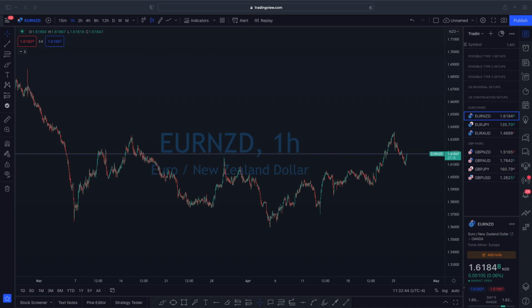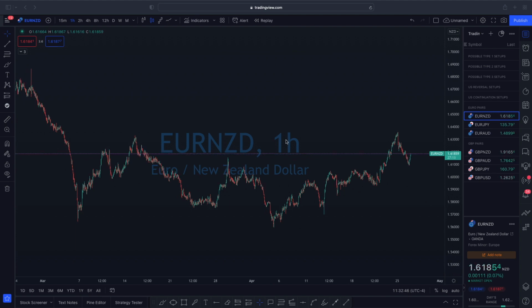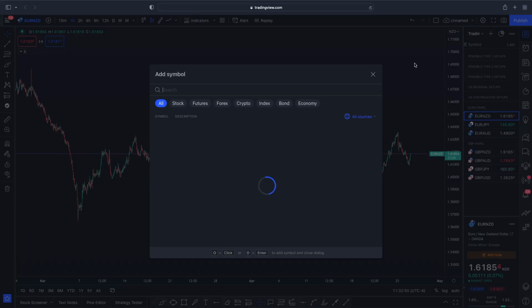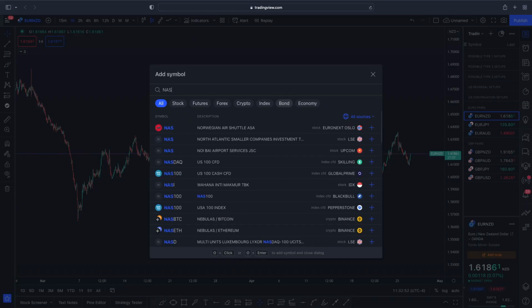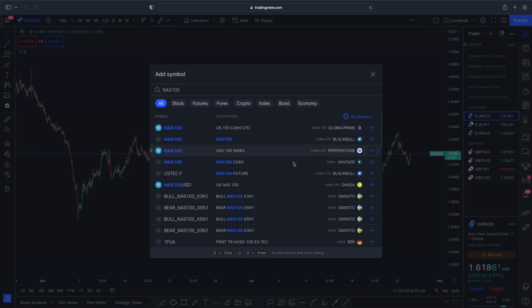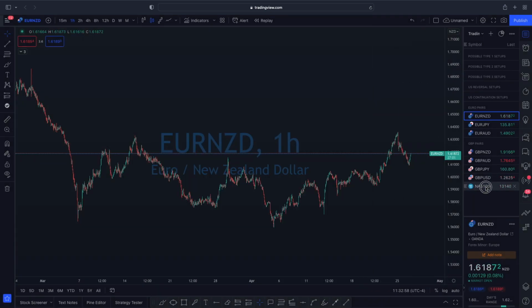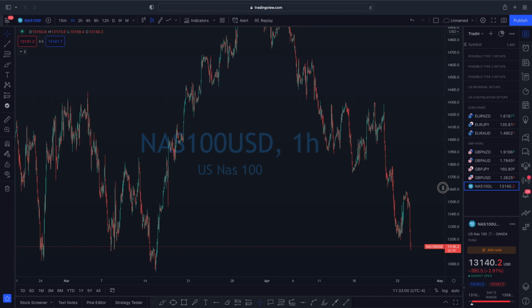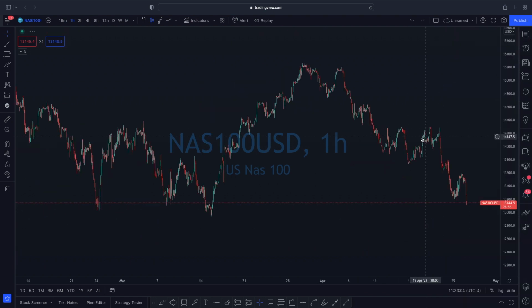First things first, let's get the NAS 100 up here and let's take a look at it. All right, so here's the NAS100. The first thing you've got to ask yourself, this works with any chart, any pair, anything that you're trying to see if it works with the strategy or not, right?